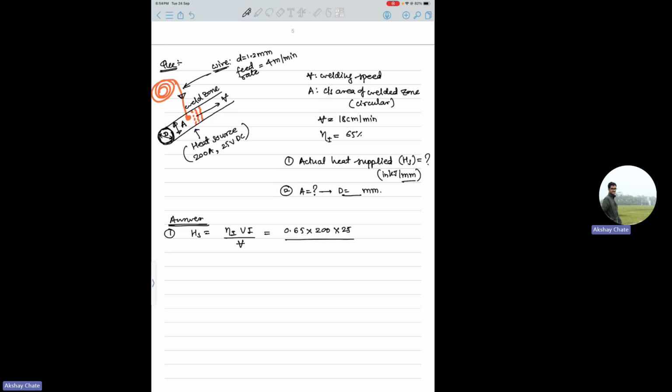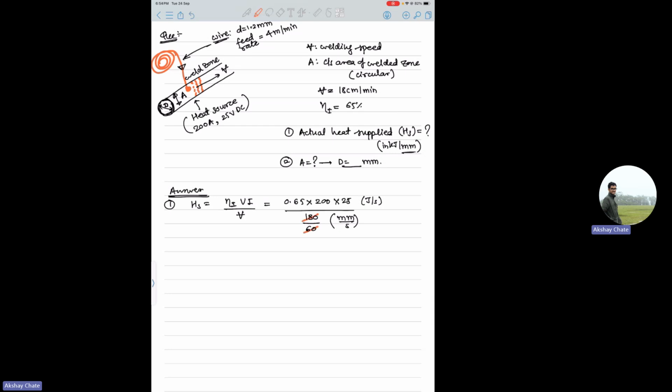But they are asking in mm, so let's convert this into mm. So 18 centimeter per minute is 180 mm per minute. This will be joule per second, and this will be mm per second. The second goes away, and you will get the answer in joule per mm.